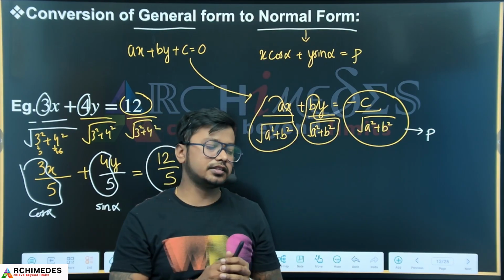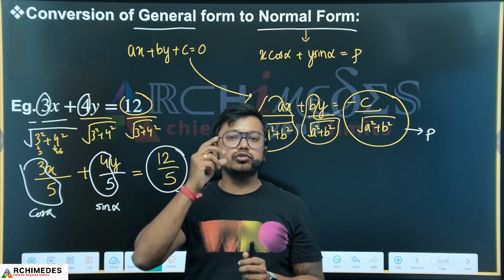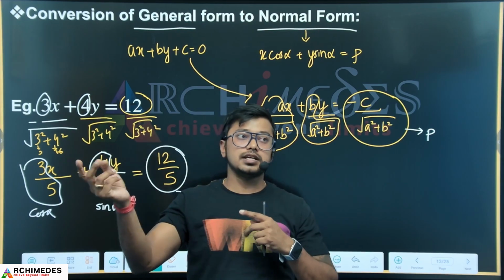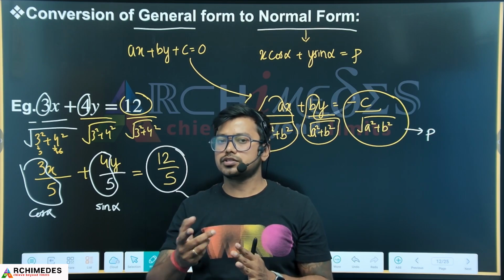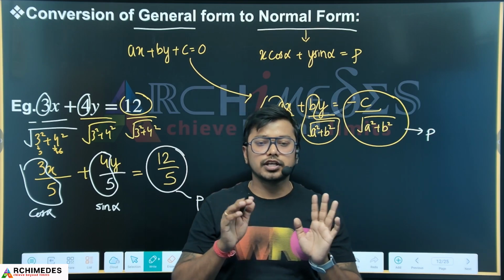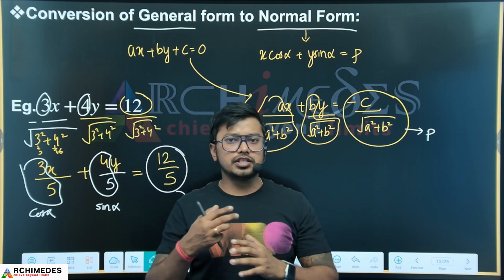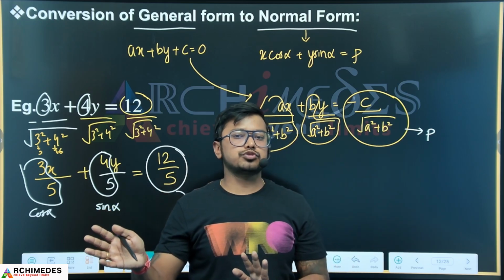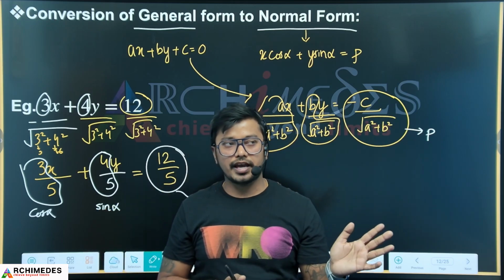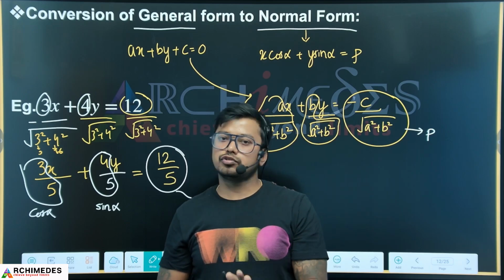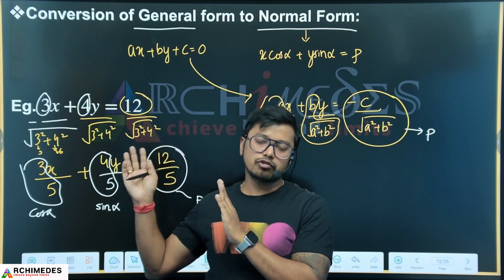Clear? Another thing also: if two lines are parallel, then their slopes are the same. And when two lines are perpendicular, when you multiply the slopes, it will give you minus 1. So listen carefully, I'm giving you the trick. Whenever the question contains parallel or perpendicular, remember that we'll always use the concept of slope. And if the equation is given, how do we find the slope?